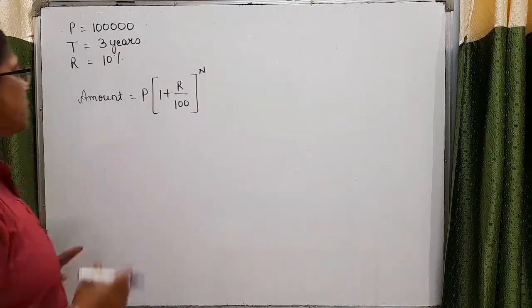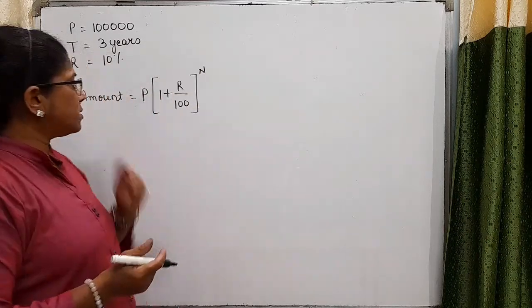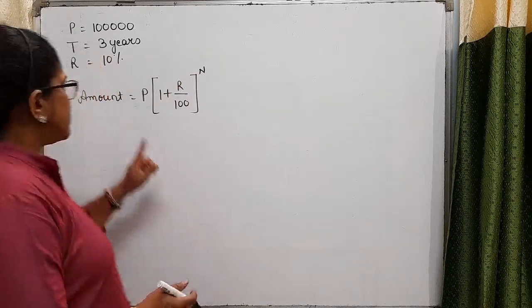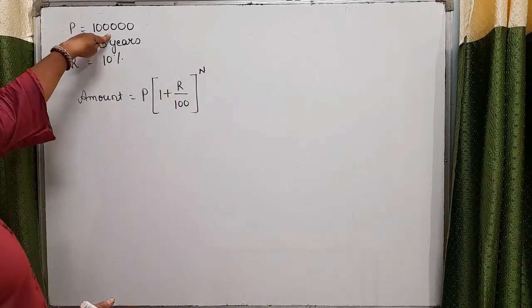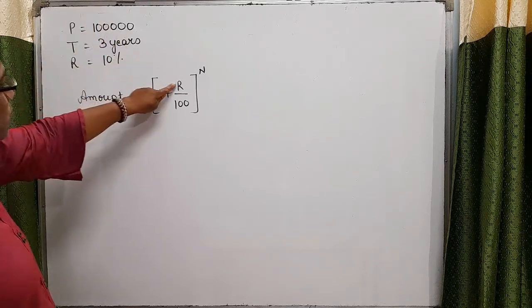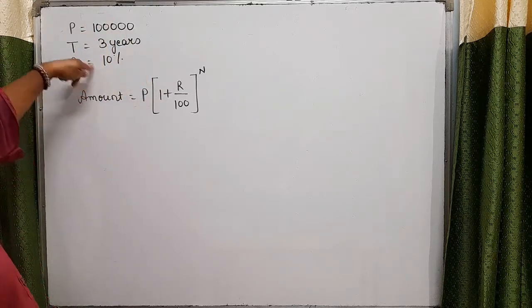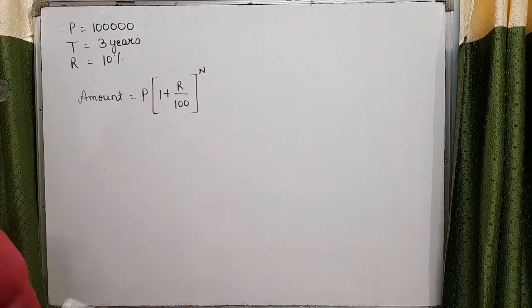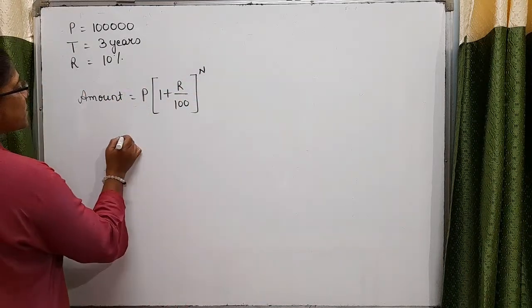P is the principal amount, the amount which we borrow. R is the rate of interest and n is the number of years. Now in this case the amount we borrow is 1 lakh. Rate of interest is 10% and number of years is 3 years.